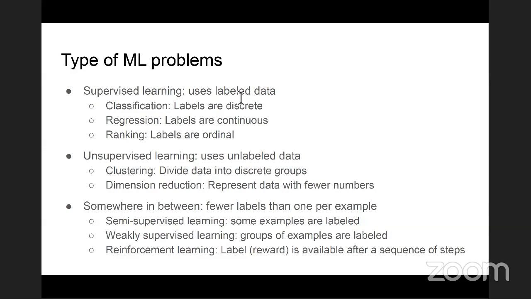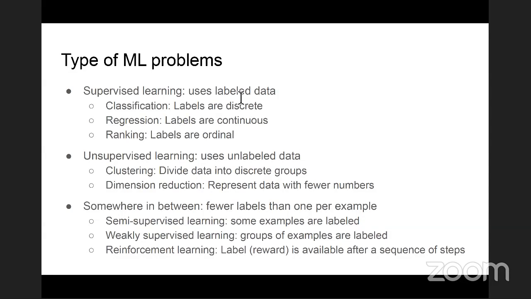So that label is given. When this label is discrete, then it is a classification problem. For example, telling the species of a flower based on its characteristics is a classification problem. Same with face recognition.